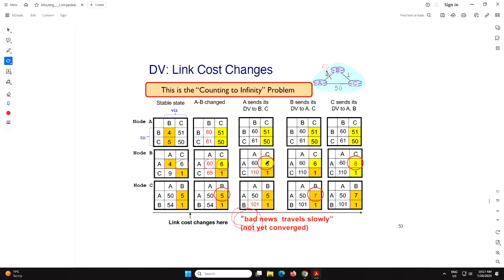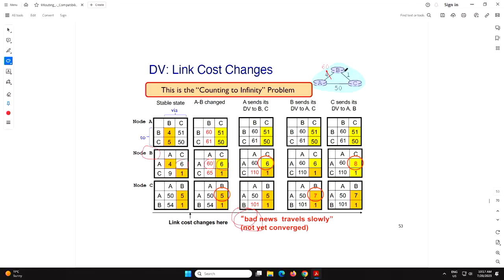This 6 is increasing very slowly and is tricking B, for example, node B. If it wants to go to A, right, the cost has gone from 4 to 60, right? So B should just accept that the cost has increased. Instead, B thinks, oh, I could go via C, and the cost is only 6, right?